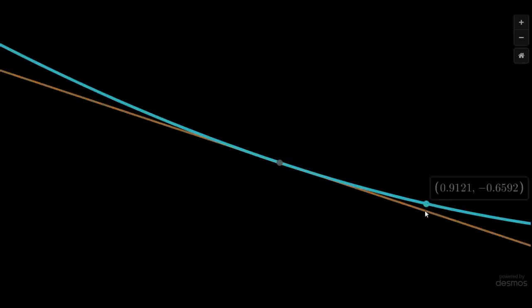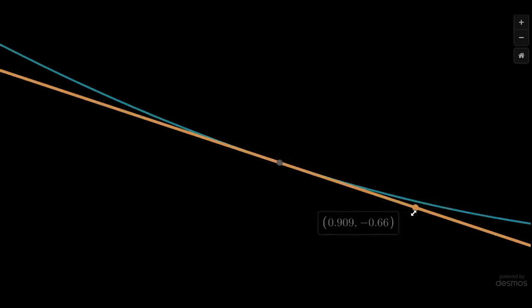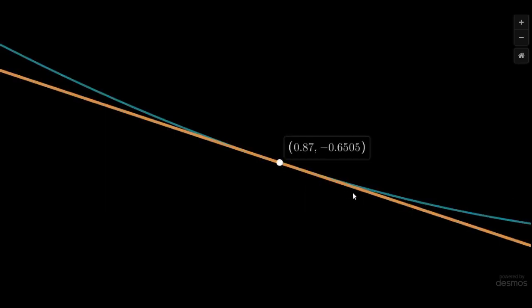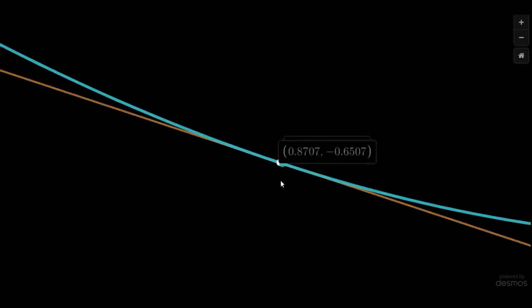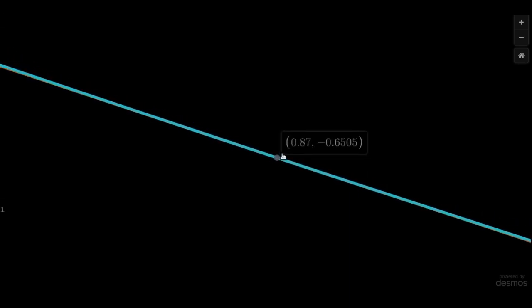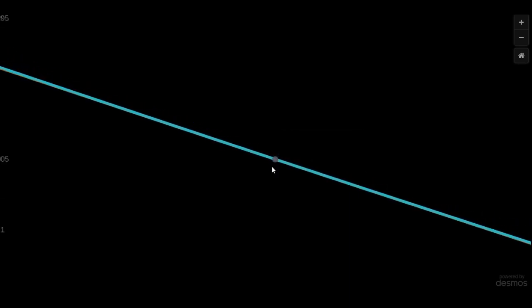Let's see, can I get this to grab them both? No, I can't. Okay, well, you can see very, very close between the two of them. And if I zoom in close enough, I can get so close that you can't even see it. Pixel for pixel, those are the same line right here.